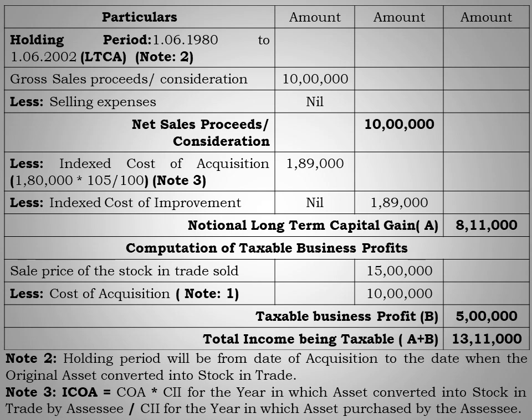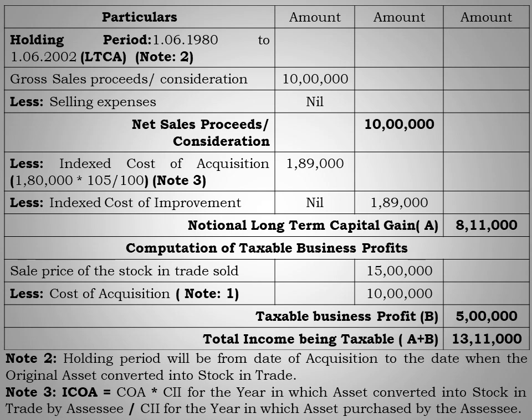First we have to consider the sale price of the stock in trade sold, the converted asset which is going to be sold at a certain price, and that price is considered as the sale price of the stock in trade. They have provided in the problem that this asset has been sold on 1st January 2019 for rupees 15 lakh, and that will be considered. And we have to deduct the cost of acquisition.